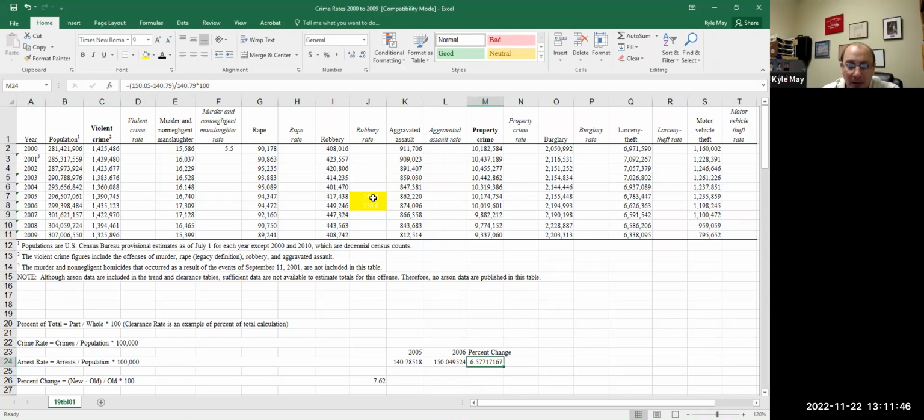Now, I can confirm these. Did I get these right? 140.8, 150. Pretty simple. All right, so what I'm going to do right now is I'm going to pause the video, or I'm not going to pause the video. Let me rephrase that. You're going to pause the video if you want to. What I can do is show you some of these percent changes.